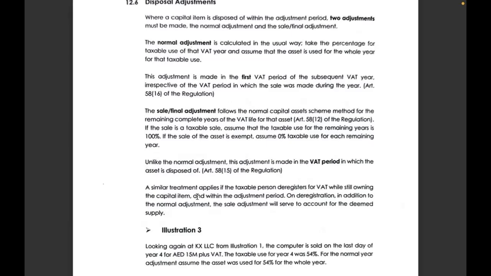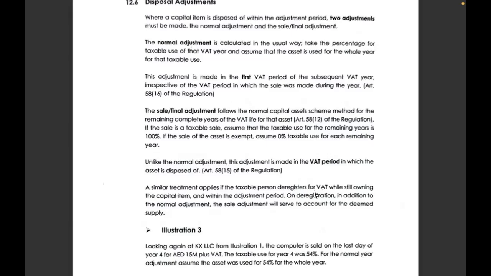A similar treatment applies if the taxable person deregisters for VAT. So if we remember, deregistration is a situation of deemed supply, right? Whatever assets were there in the balance sheet, we treat them as if they are supplied, and we use their cost base and apply the VAT percentage on it, and report it and pay that VAT percentage to FTA.